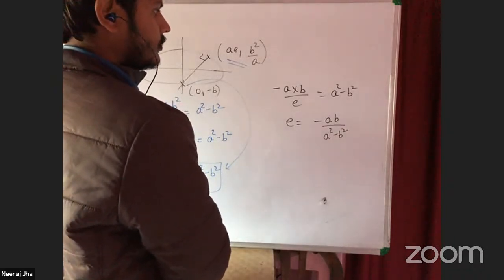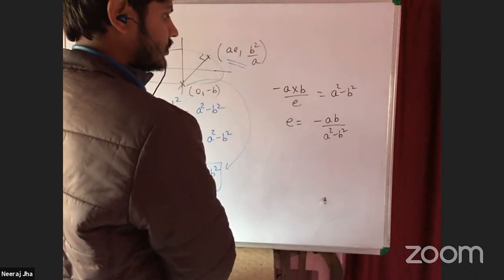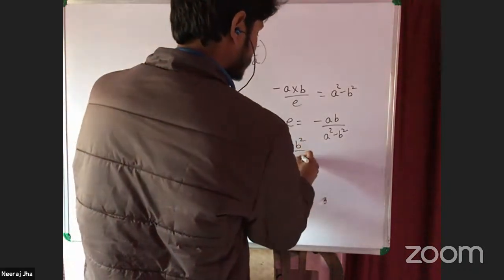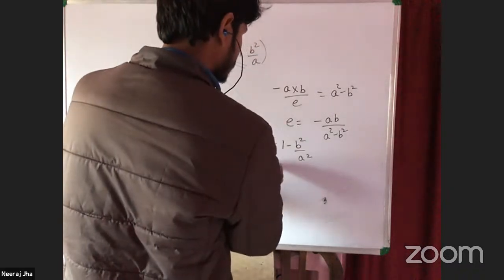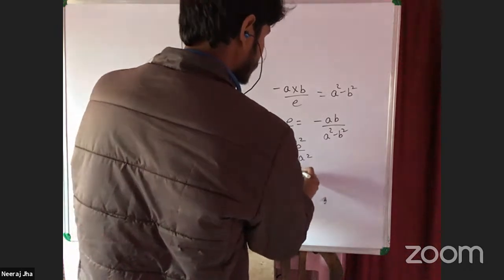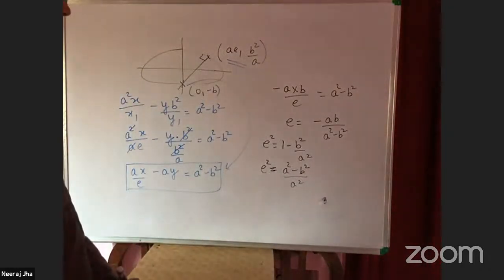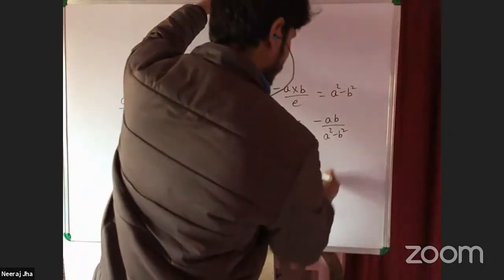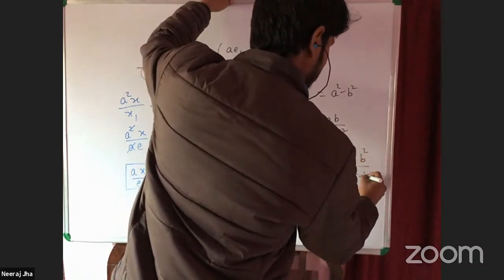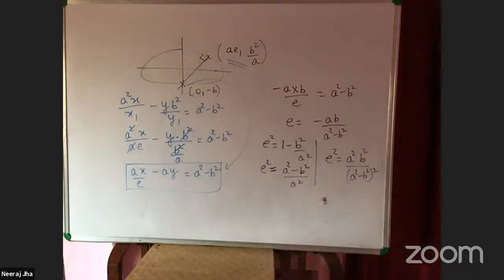And now what I will do, I have to arrange this eccentricity formula. E square is equal to 1 minus b square upon a square. So that means e square is equal to a square minus b square upon a square. No problem. I will square this also. So e square is equal to a square b square upon a square minus b square whole square. But I want the answer in e only.